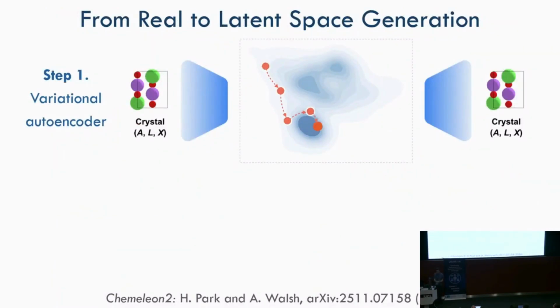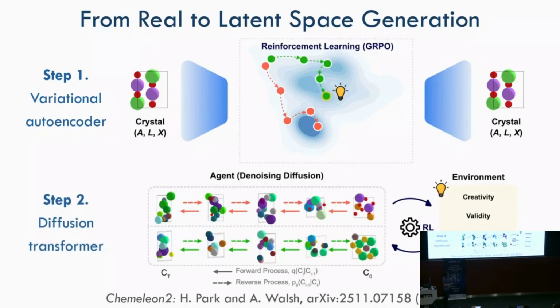Hyun-Soo wasn't happy, so before he finished with me, he developed the second version of his code. And this is where we go into latent space. So basically, there's a VAE that creates this compressed space. And then we perform diffusion within that latent space. But the trick he added on, which is quite genius, is when you go into the compressed space, the dimensions are lower. You can start to do reinforcement learning very efficiently.